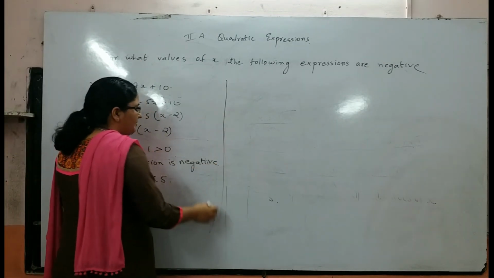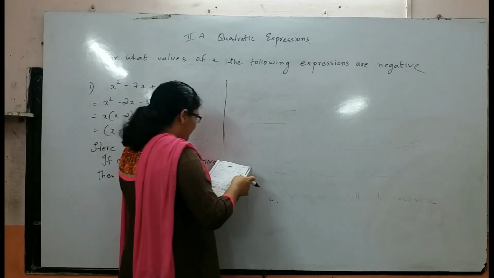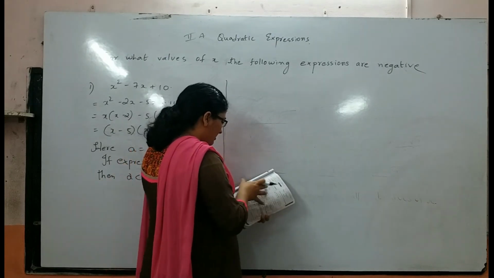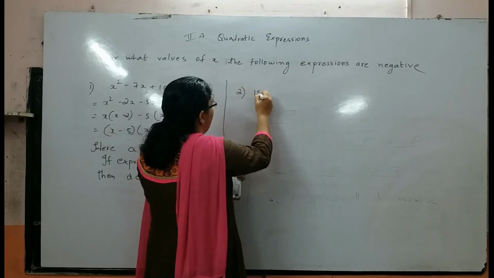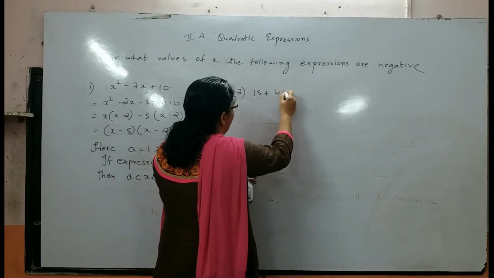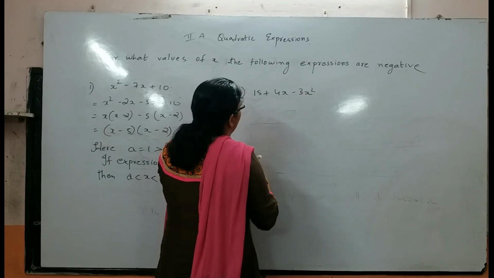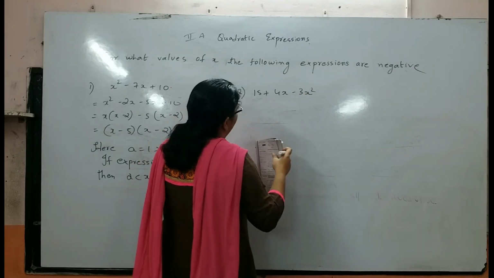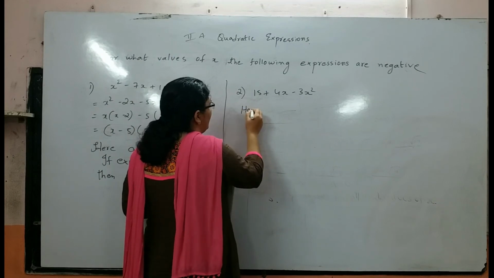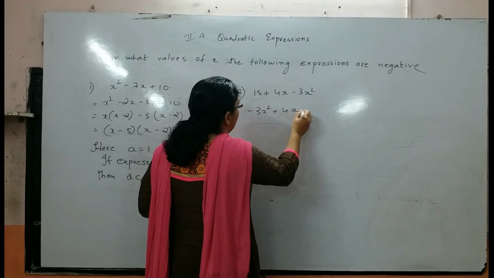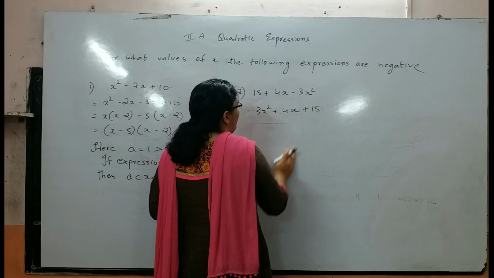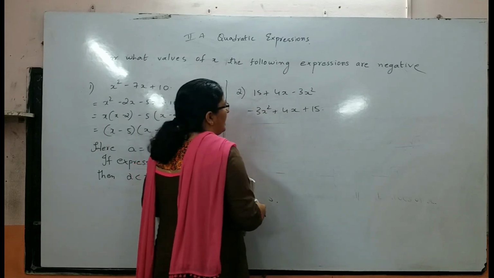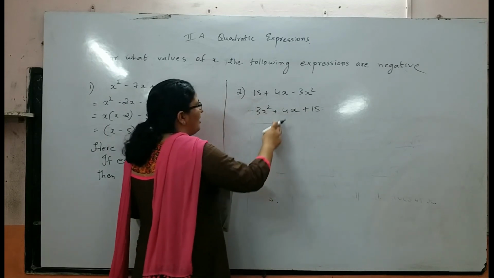Our next problem. 15 plus 4x minus 3x square. Here, let us factorize this. Minus 3x square plus 4x plus 15. 15 threes are 45. You have 4 here.